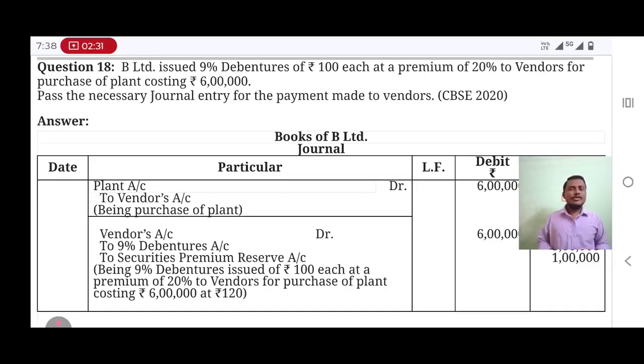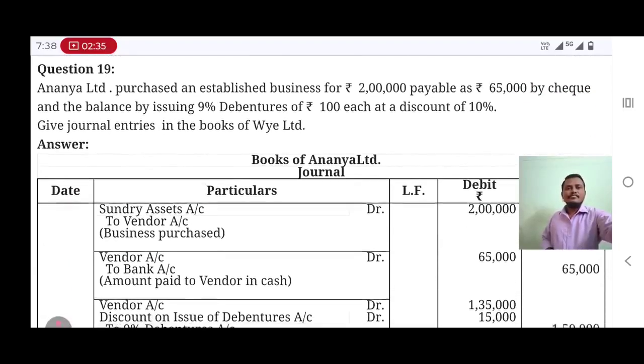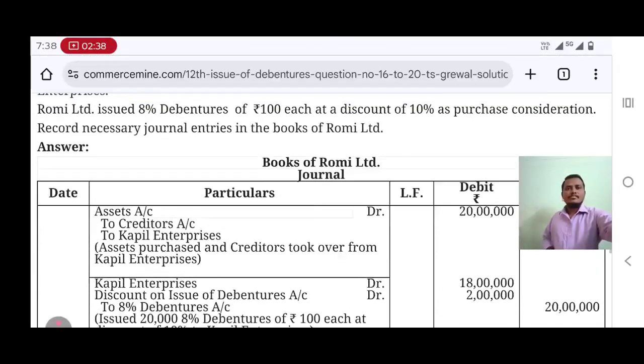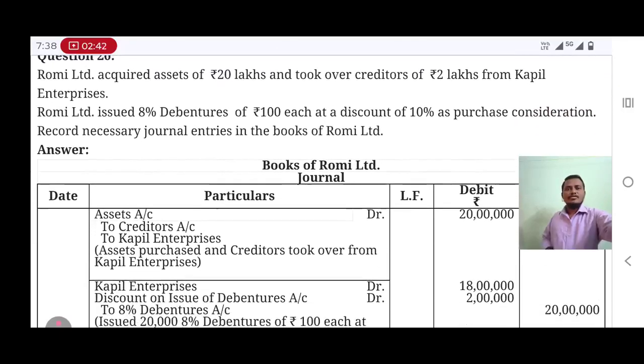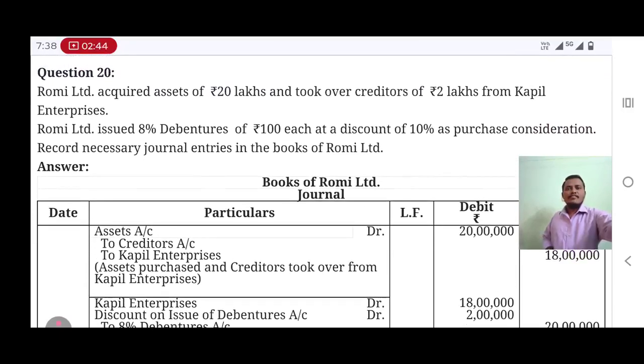So next I'm moving to purchasing business. Here, Romi Limited acquired assets of 20 lakhs and took over creditors of 2 lakhs from Kapil Enterprises. Then it issued this much debentures as a purchase consideration.